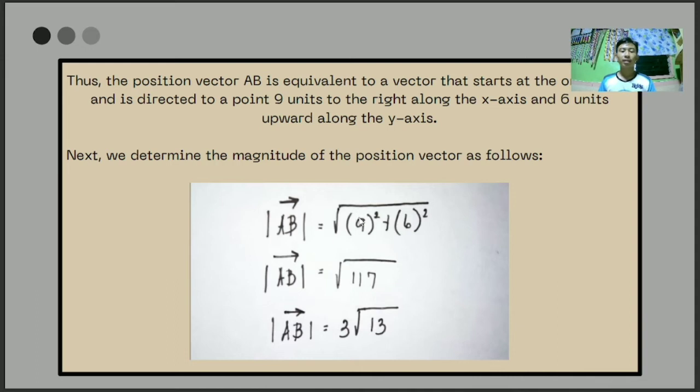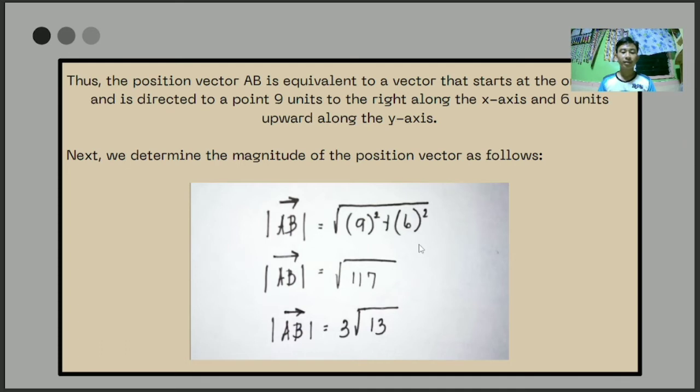So to get the magnitude of the position vector, we're going to square all the components of the position vector and then take its square root. So the magnitude of the position vector AB is equal to the square root of 9 squared plus 6 squared.